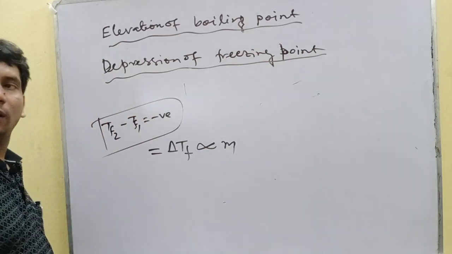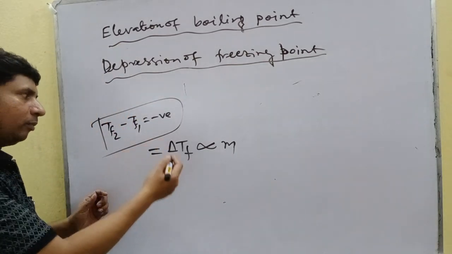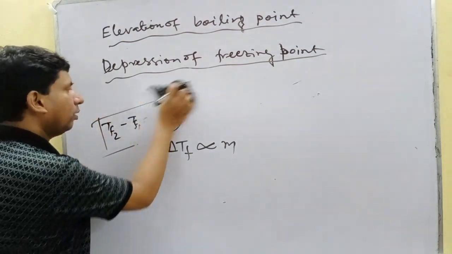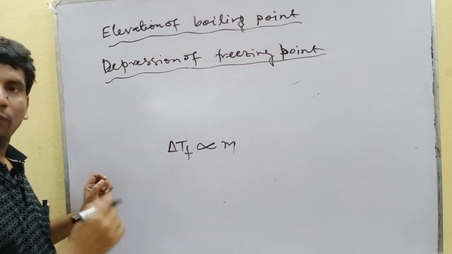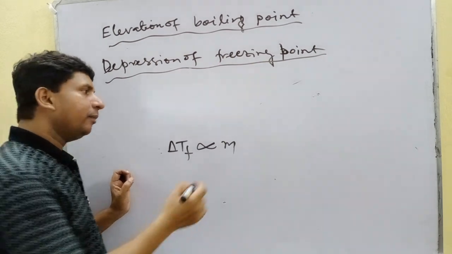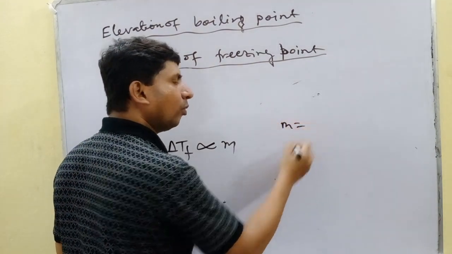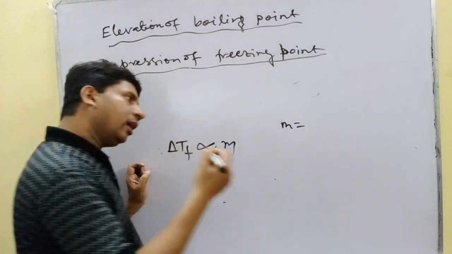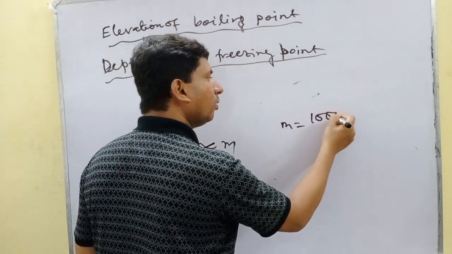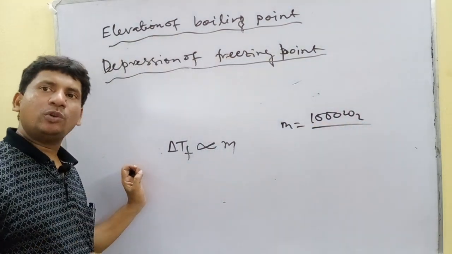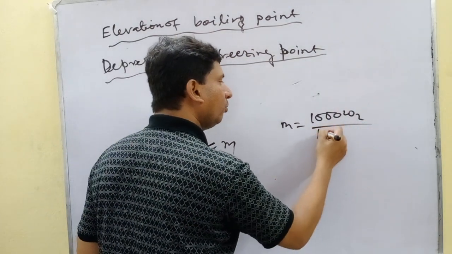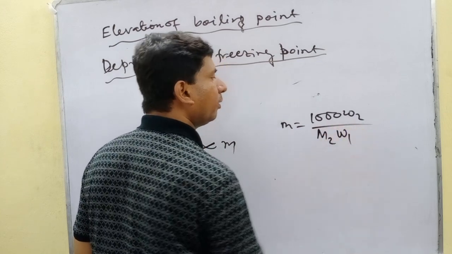And from this equation we can again conclude small m. What was the small m? Small m equals 1000 W2 divided by M2 W1.